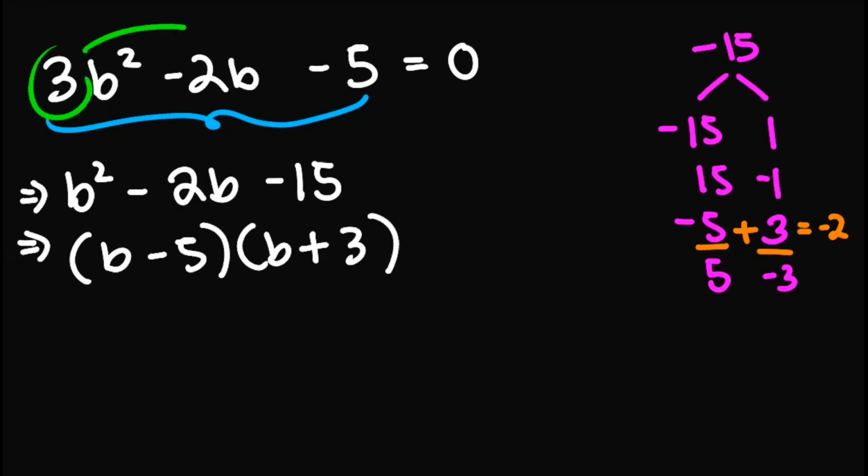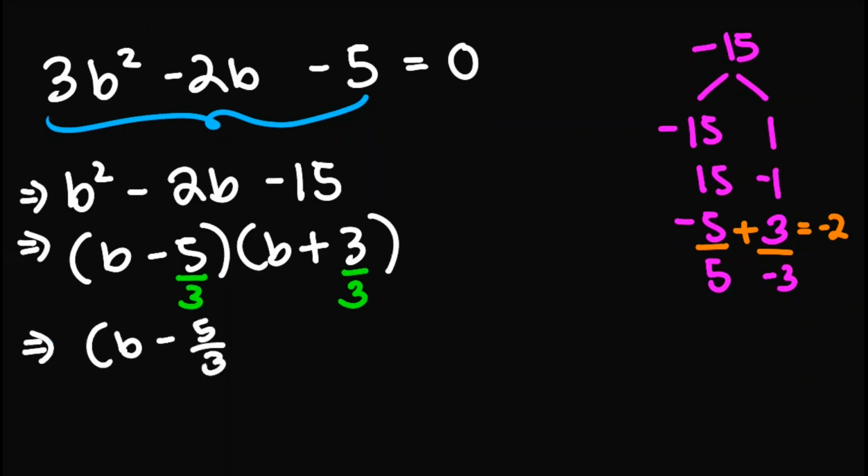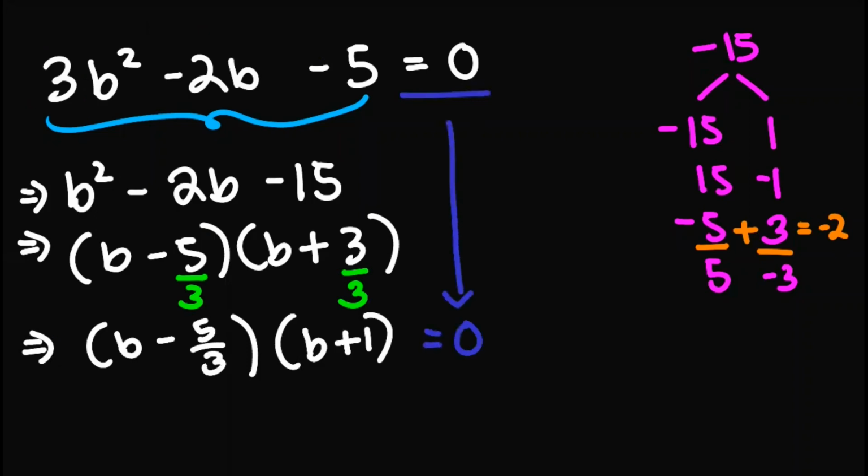So recall, we did slide here, and the number that we slide is what we will divide in this part. So we divide 3 out here. Simplifying, we obtain b minus 5 over 3 times b plus 1. And at this point, we can now bring down the equals 0 part. And so, when will this equation hold?